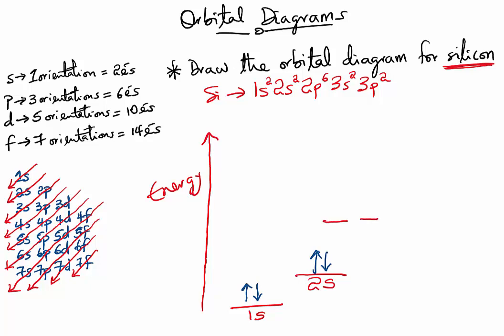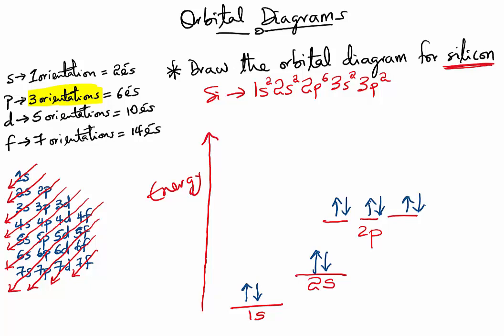The 2p orbital has 3 degenerate orbitals because every p orbital has 3 orientations. So we have 3 degenerate orbitals. In silicon, the 2p orbital has 6 electrons. According to Hund's rule, we will fill each orbital singly, and then we will pair them up.